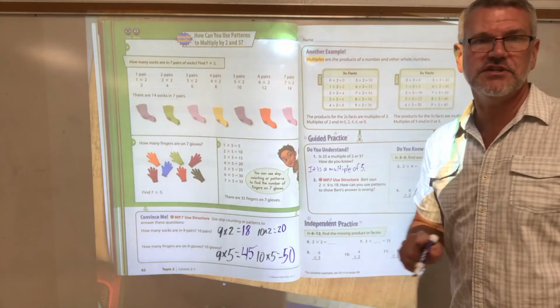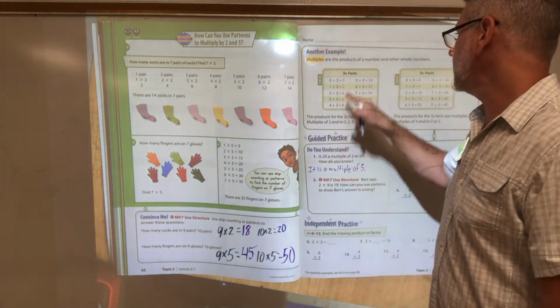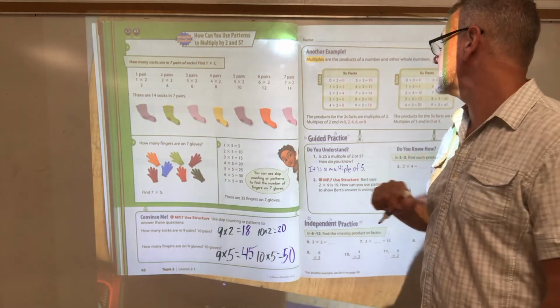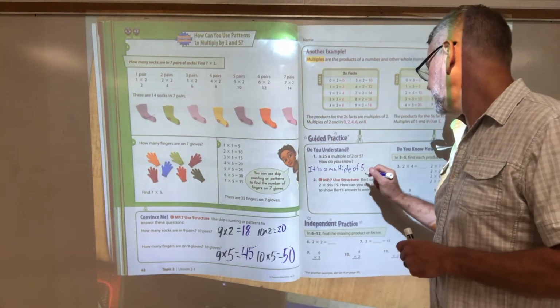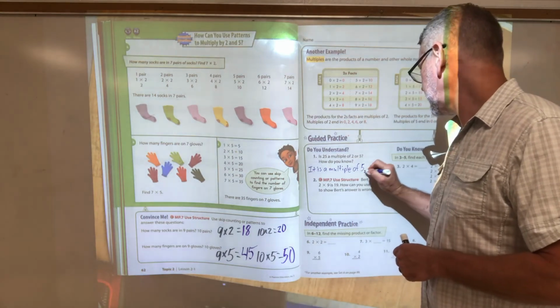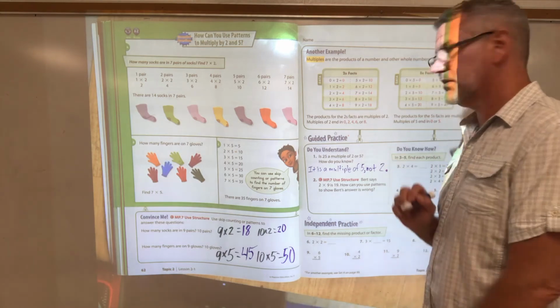Is it a multiple of 2? Now, to be a multiple of 2, you have to be an even number and end with a 0, 2, 4, 6, or 8. It does not. It ends with a 5. So it's not a multiple of 2. So I'm going to make that a comma and put not 2.